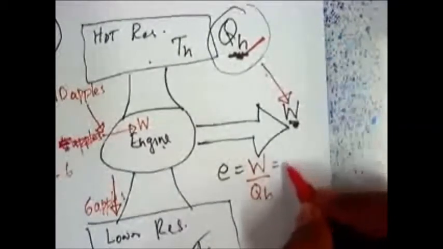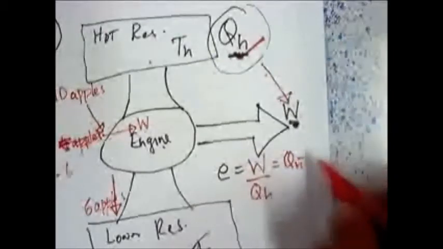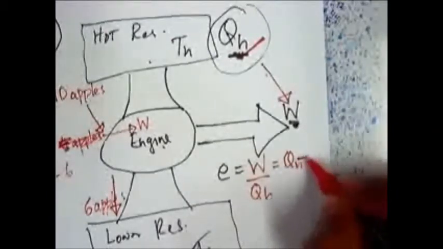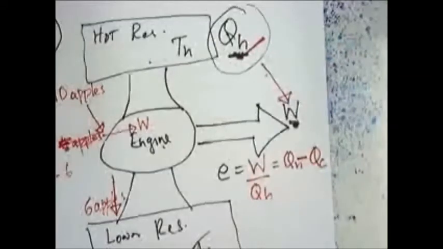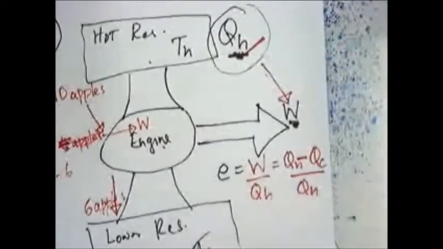So similarly, that's how the formula is derived. Your work done is equal to the amount of energy that you put into the system minus the heat energy that is discarded, divided by QH.